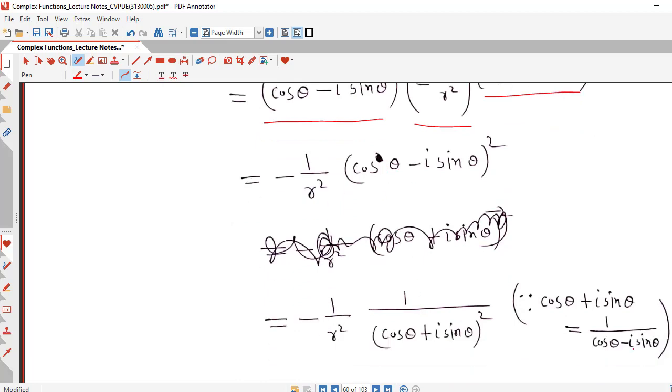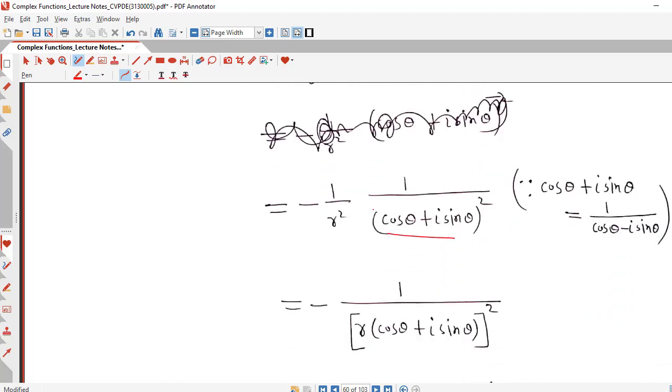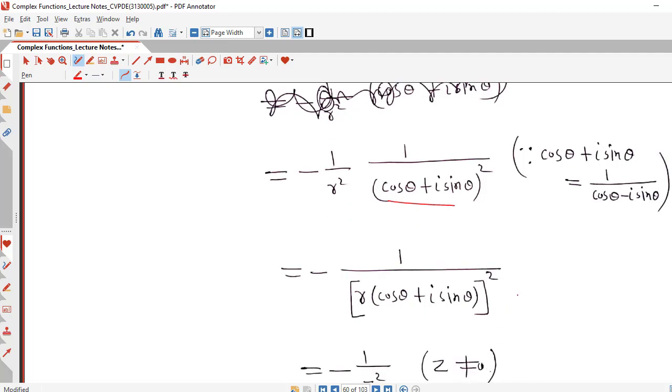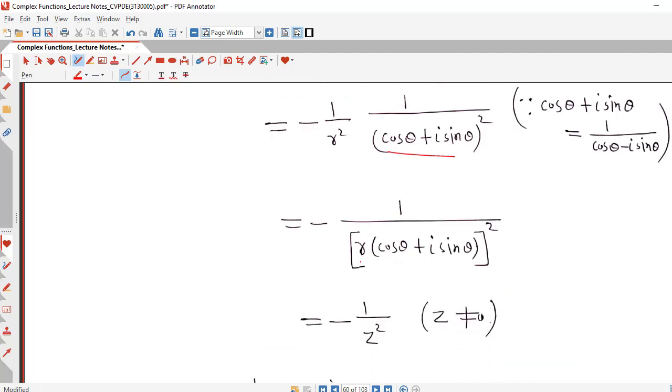cos theta minus i sin theta is nothing but 1 upon cos theta plus i sin theta. So cos theta minus i sin theta is replaced by 1 upon cos theta plus i sin theta, and this we can rewrite as 1 upon r into cos theta plus i sin theta square, and we know that this is nothing but the complex number z, so we replace it by z square where z is non-zero.